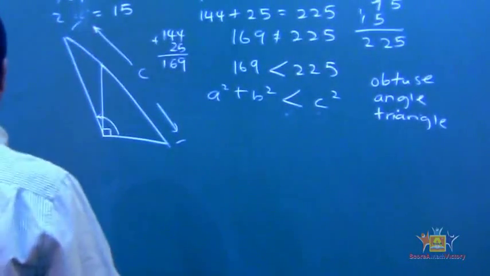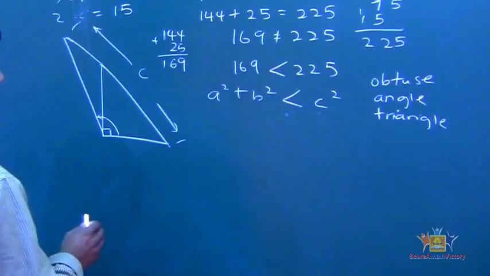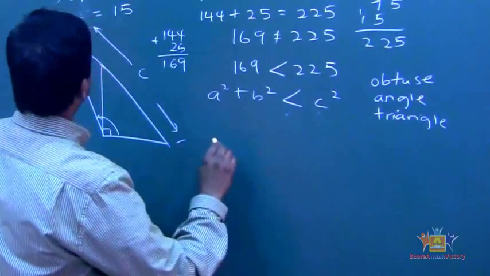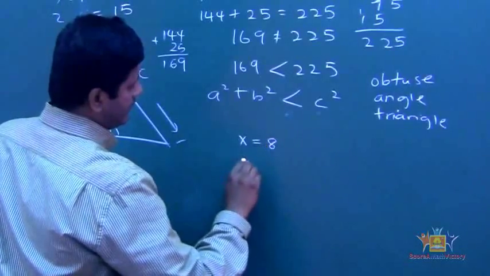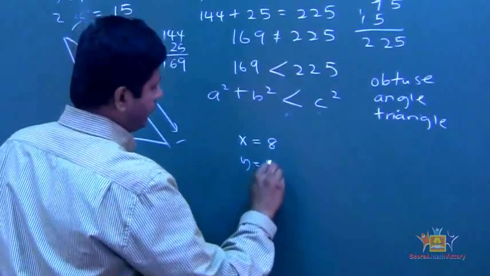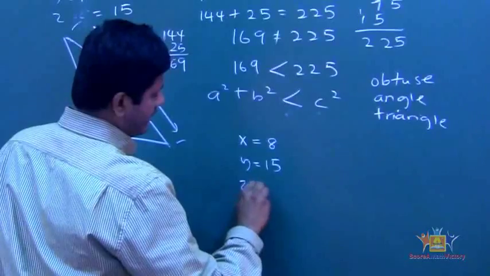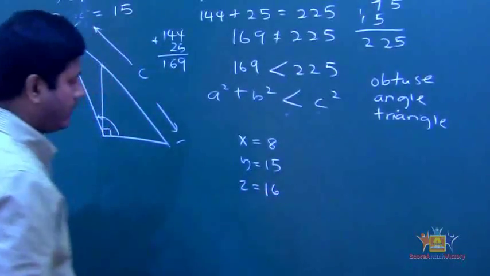Let's say, for example, Mr. Mac gives you x equals 8, y equals 15, and z equals 16.